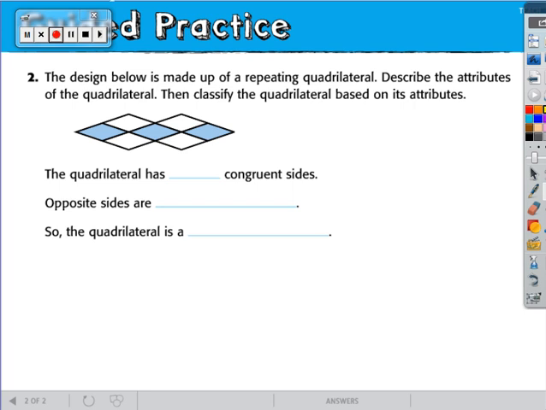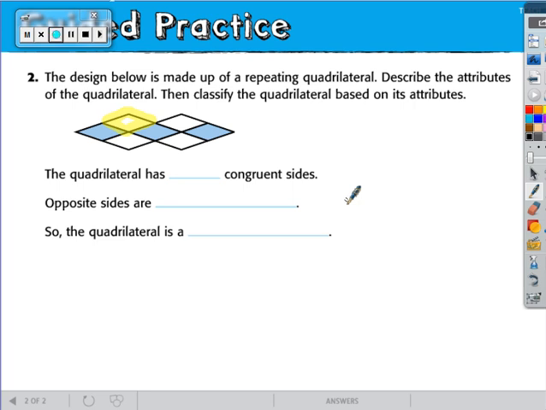Describe the quadrilateral, then classify the quadrilateral based on its attributes. It's a repeating quadrilateral, which means we're not looking at the entire shape. We're only looking at one quadrilateral. Okay? So, our last group wanted to look at the entire shape. We don't want to look at the entire shape.